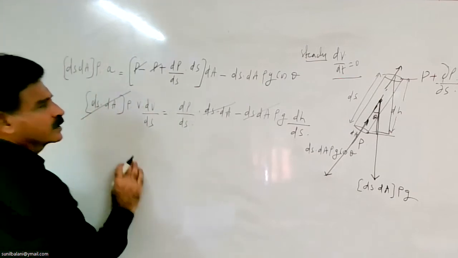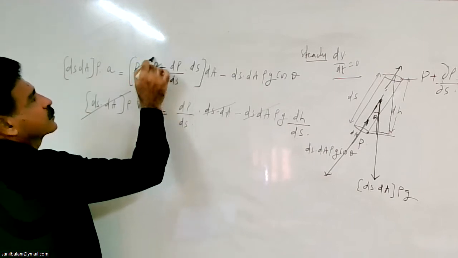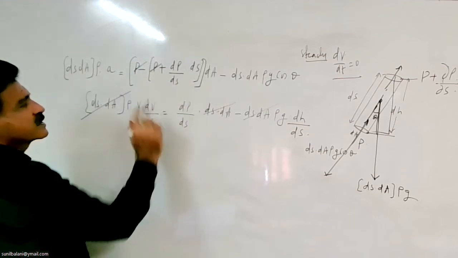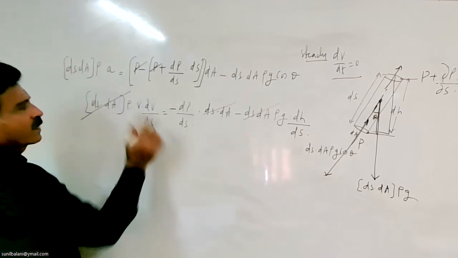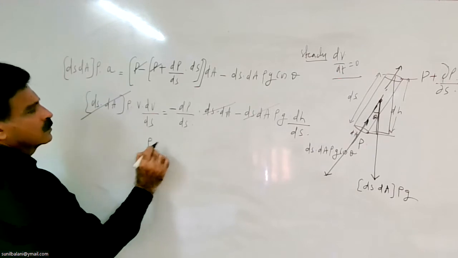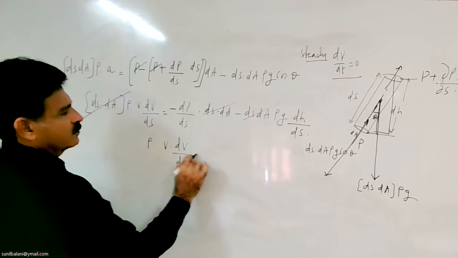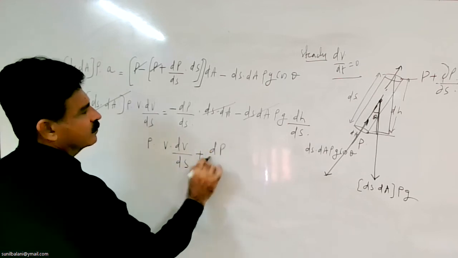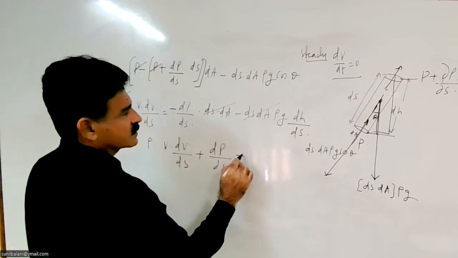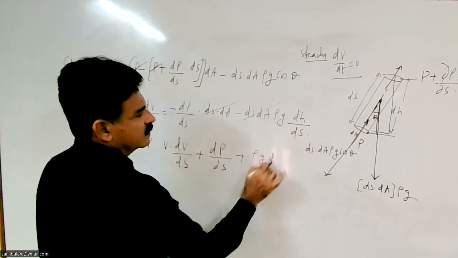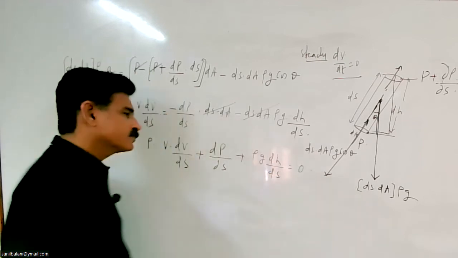Now, if I just put it in the proper form and see what happens, this term should be like this. So p minus p, so this also will come with a negative sign. So I shift everything here and I get rho v dv by ds plus dp by ds, and then I get another term here, that is rho g dh by ds is equal to 0.